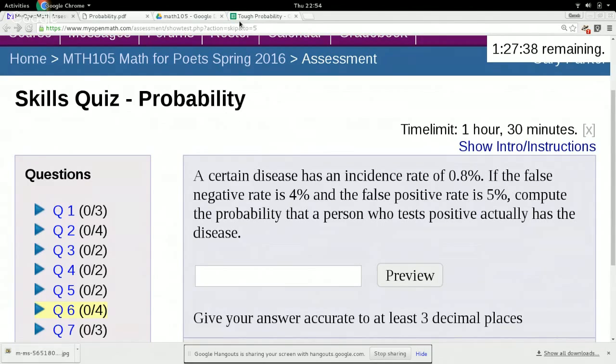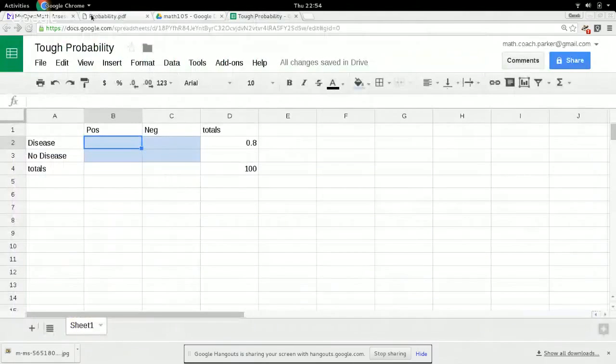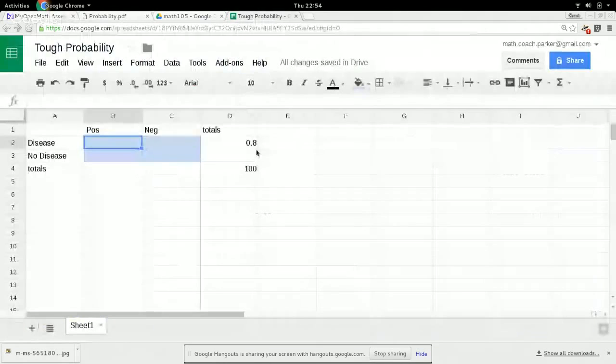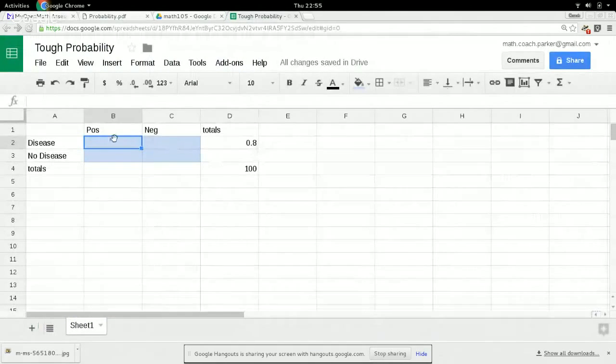So to reverse that idea in my table, I just need to take 4% of my 0.8 people. So over here, I'm going to say, okay, what is 4%? So 0.04 is 4% times my 0.8 people. Okay, and I get this other fractional number of people.